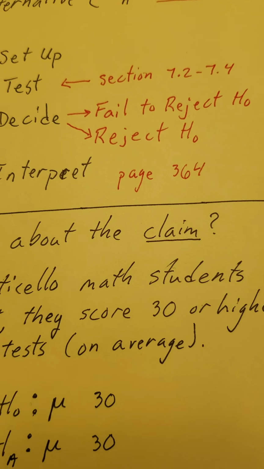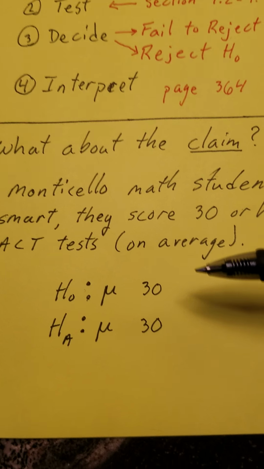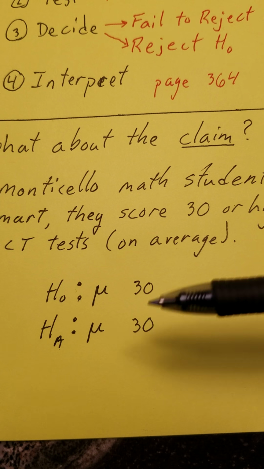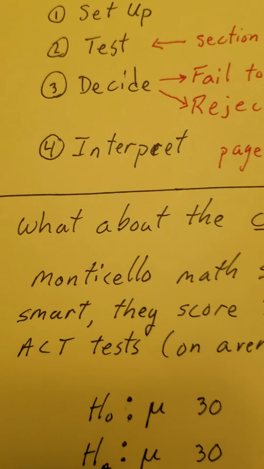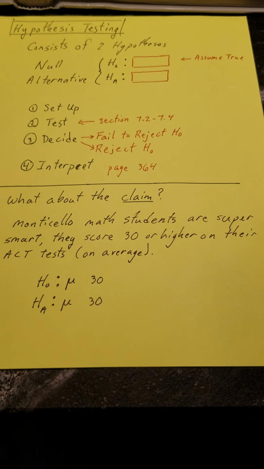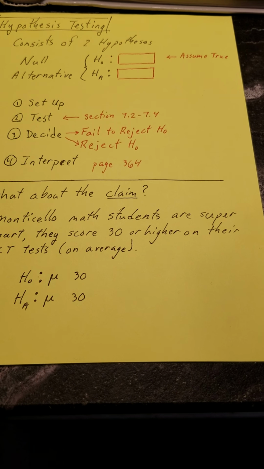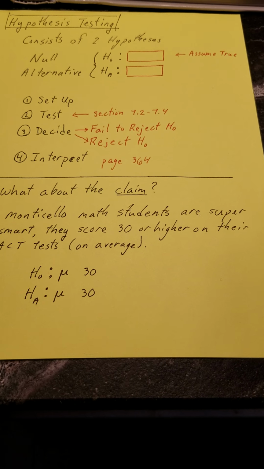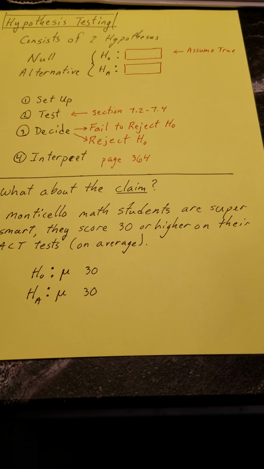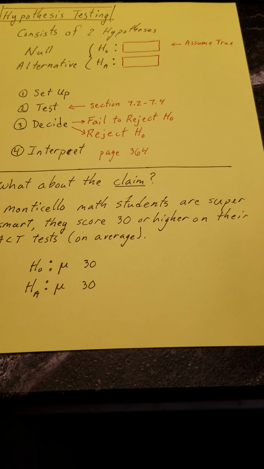Okay, now what about this claim? Well, the claim can be either the null or the alternative. So how do you know which one it is? Well, let's do this. Back up a little bit here so you can see this. This is an example. Monticello, I claim that Monticello math students are super smart. They score 30 or higher on their ACT tests on average.